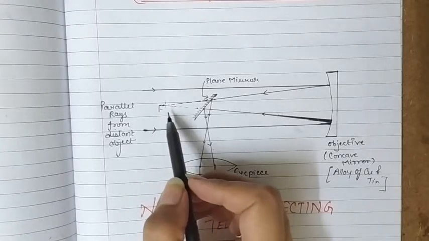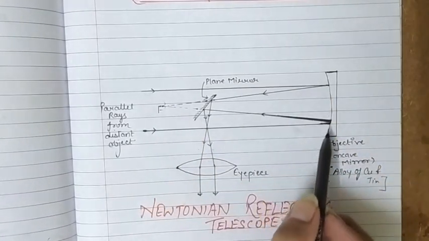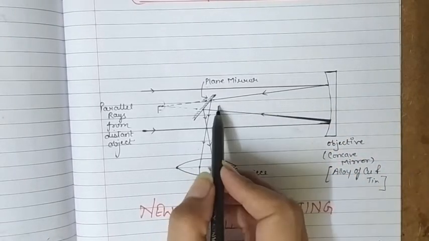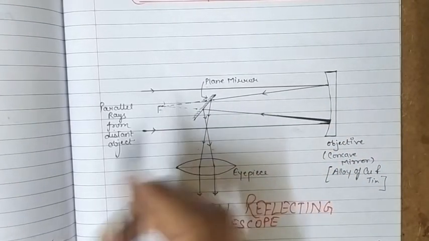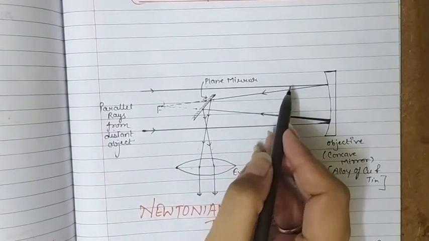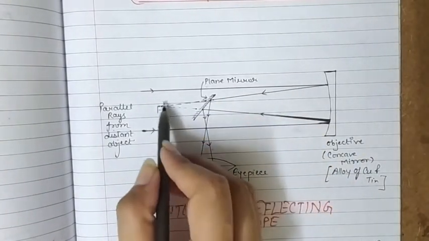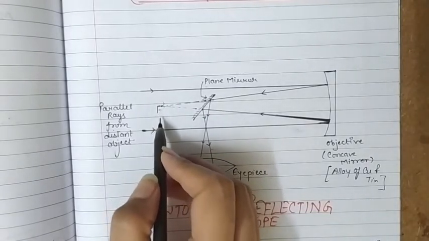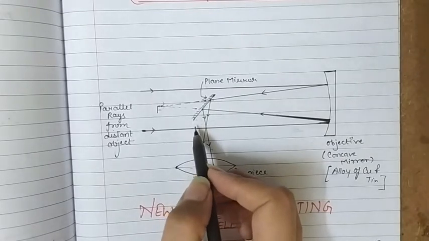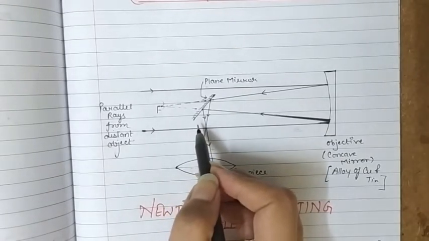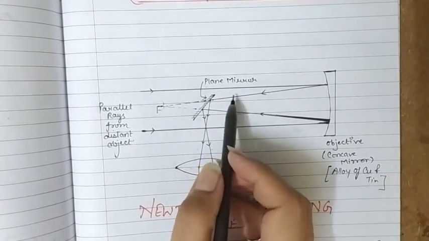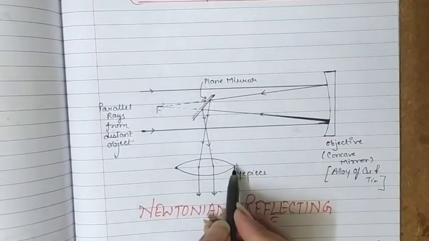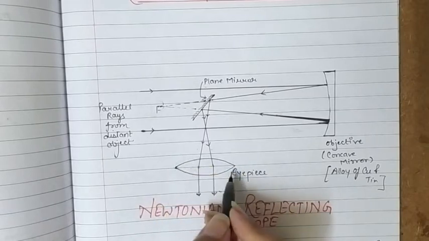After hitting this mirror, the rays converge and move towards f to get focused here. But before they get focused at this point f, a plane mirror at 45-degree inclination is inserted, which intercepts these rays and turns them towards the eyepiece, which has a convex lens.